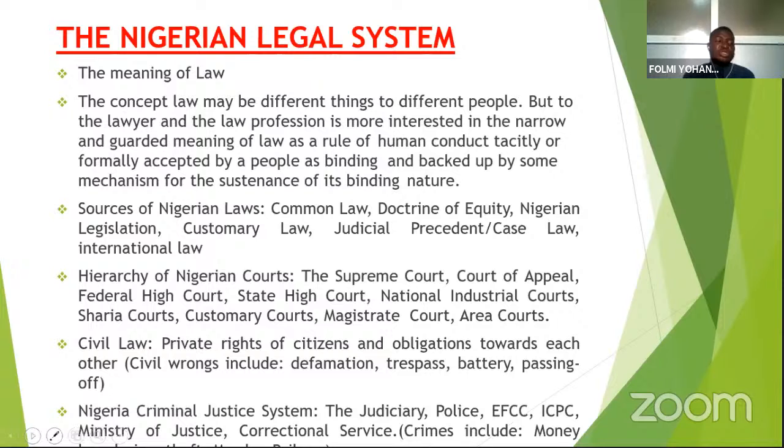So that is why there are some things that, even though we commit them against an individual, because it's harmful to the general society, the state will take it up and prosecute it as a criminal offense, especially when it is backed up statutorily, when there is a law on ground that says if you do such a thing, then there is a punishment. Because Section 36 of the Constitution says for anybody to be punished for an offense, that offense must be defined and the penalty prescribed.